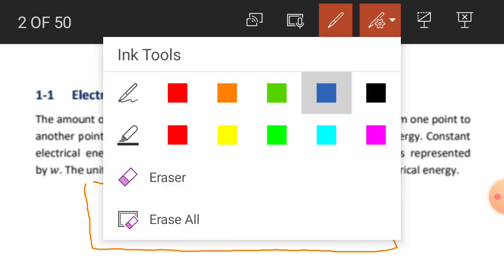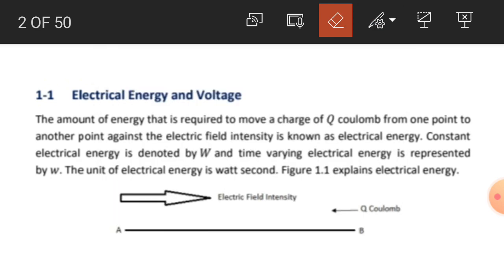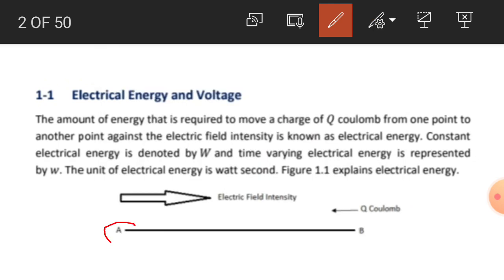We consider 2 points in this electric field. One point is represented by A, and the other point is represented by B. So we consider 2 points.